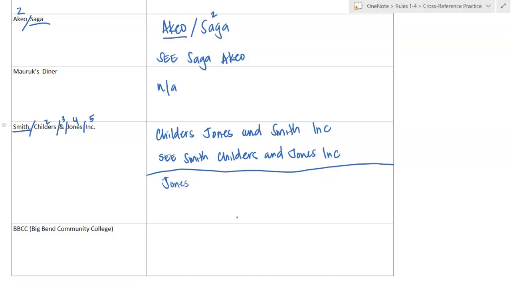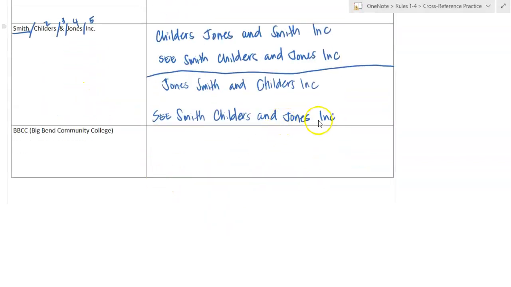So Jones, Smith, and Childers, Inc. My C notation is C, Smith, Childers, and Jones, Inc. It's always going to be the original filing segment, even if you have multiple.